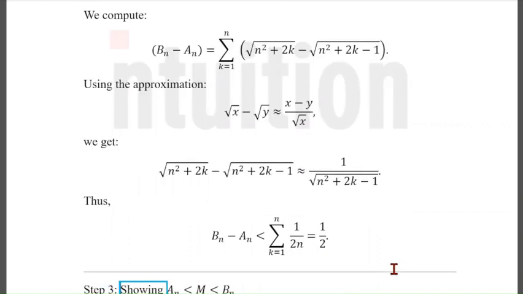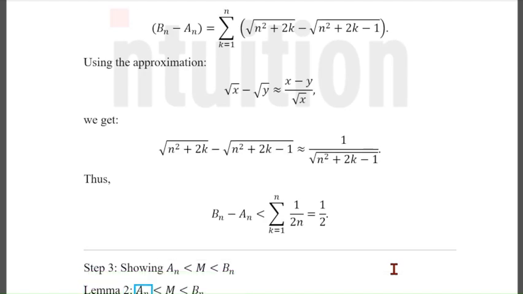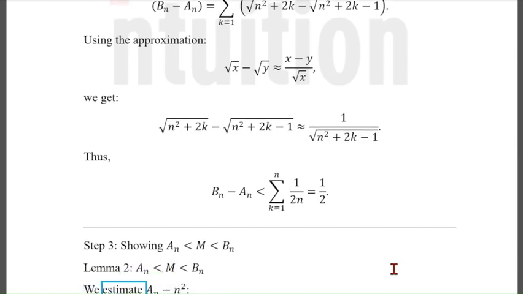Step 3. Showing A_n less than B_n. Lemma 2. A_n is less than B_n. We estimate A_n minus n.